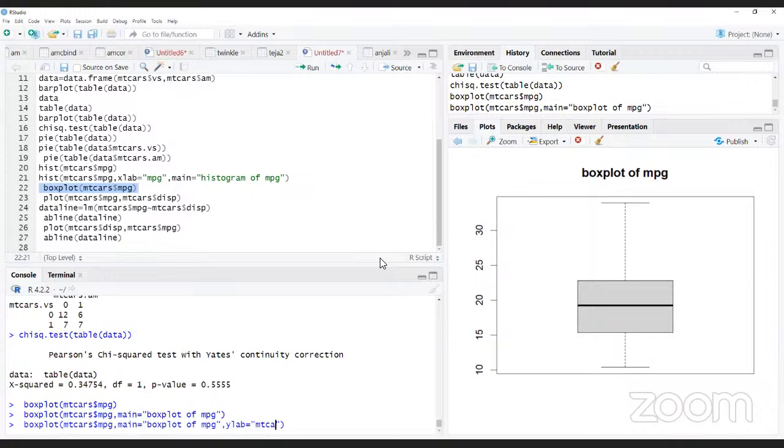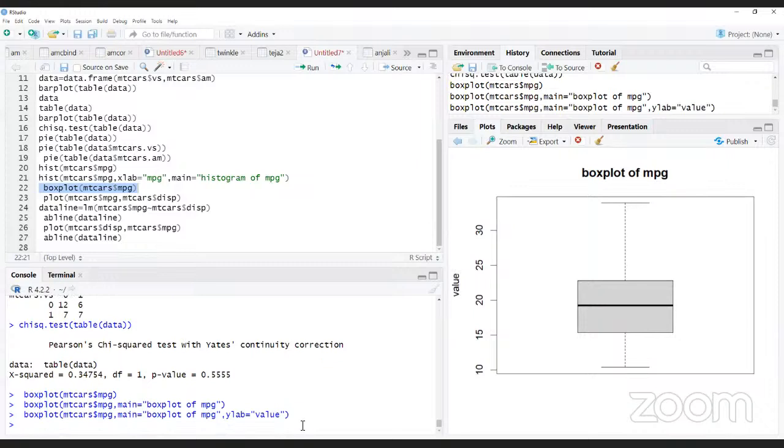Not mtcars, value. Yeah. Then enter. Okay, so in this manner, you can modify. Now, you go to line number 23.